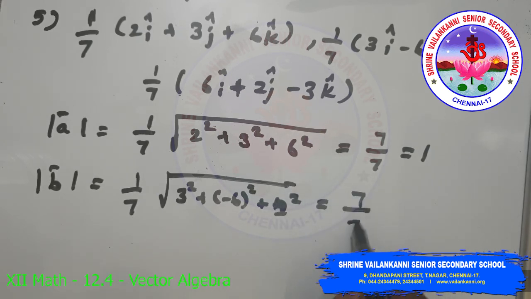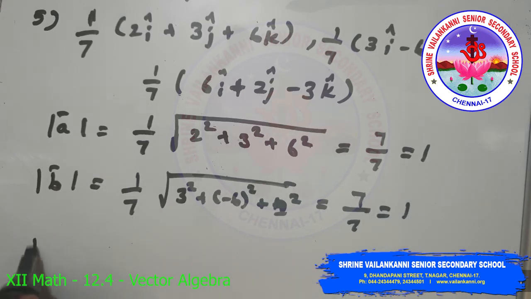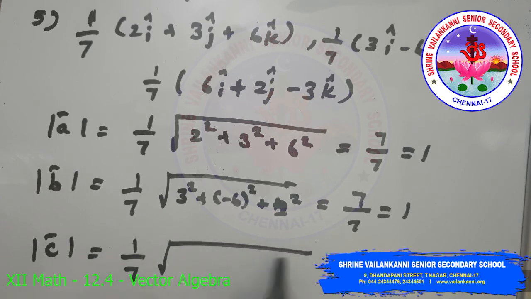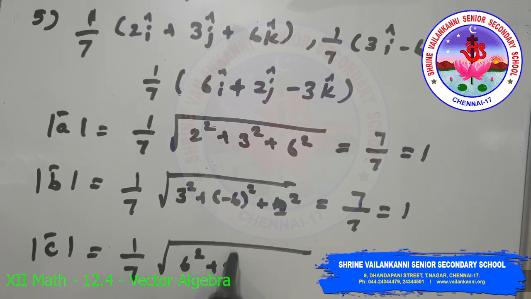So 7 by 7 is 1. And magnitude of C is 1 by 7 root of 6 square plus 2 square plus minus 3 whole square, which is root 49. So 7 by 7 is also equal to 1. Hence we have proved that the three given vectors are unit vectors.